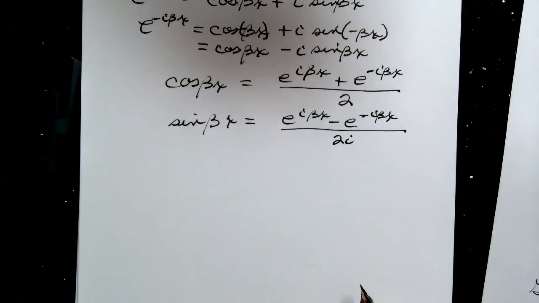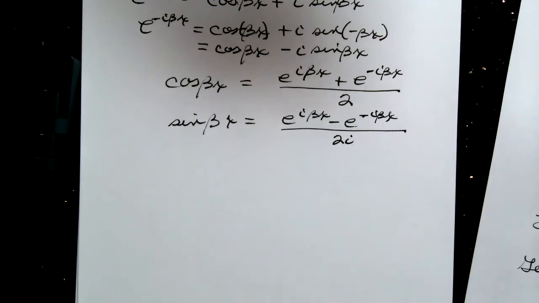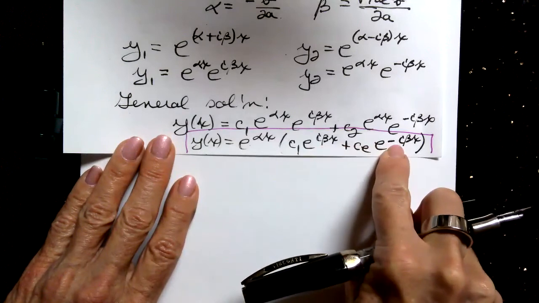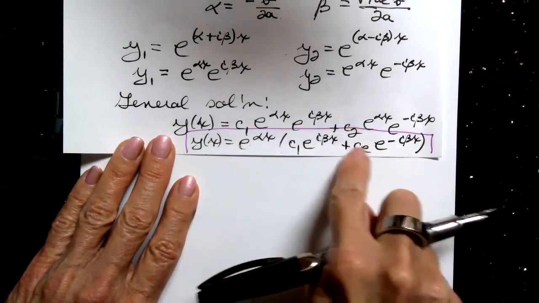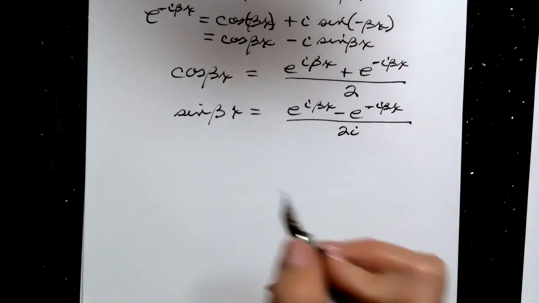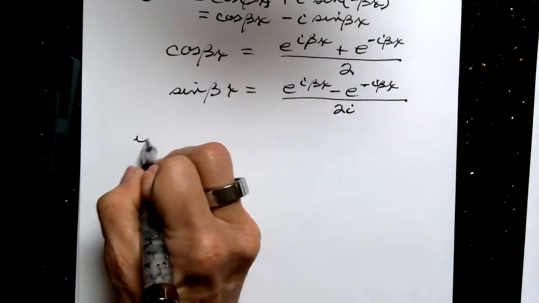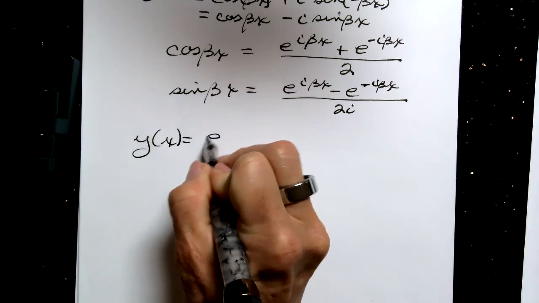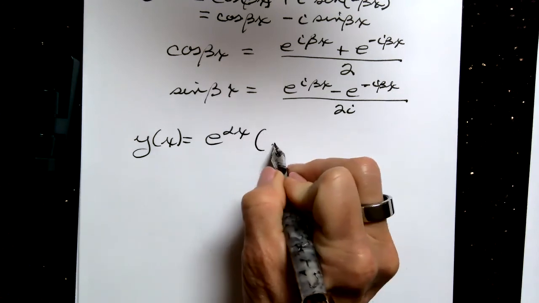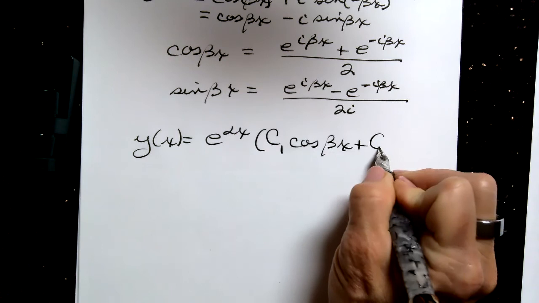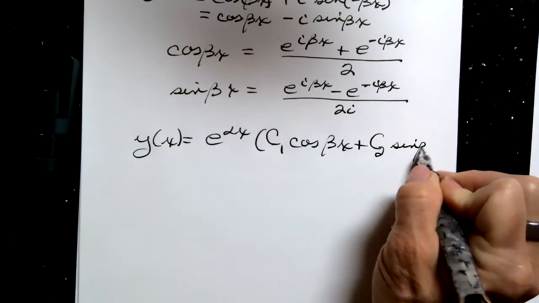So instead of writing my solution in terms of the two complex exponential valued functions, by changing the values of the constants, I can write that solution as y of x equals e to the alpha x times capital C1 cosine beta x plus capital C2 sine beta x.